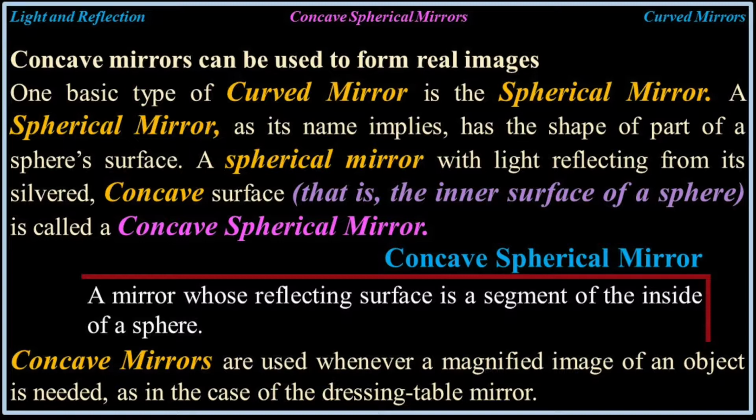One basic type of curved mirror is a spherical mirror. A spherical mirror, as its name implies, has the shape of part of a spherical surface. A spherical mirror with light reflecting from its silvered concave surface, that is the inner surface of the sphere, is called a concave spherical mirror.